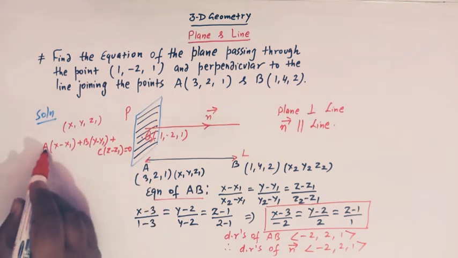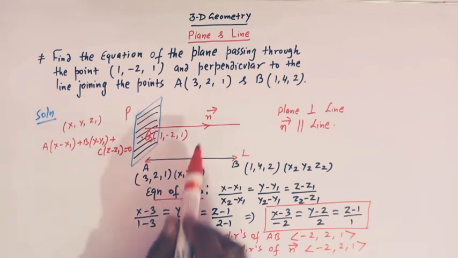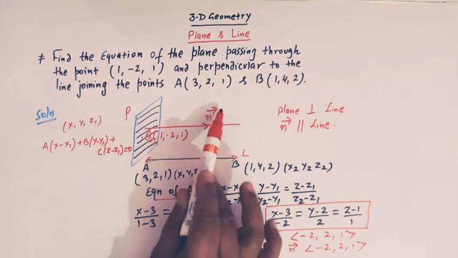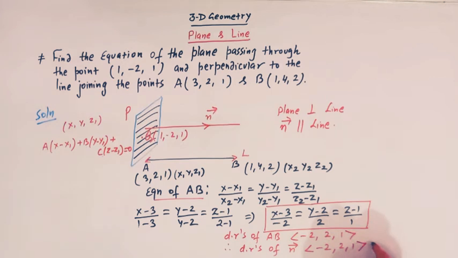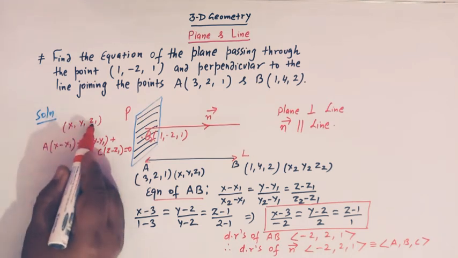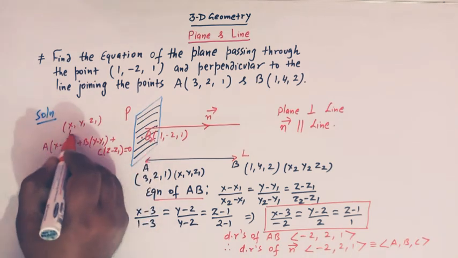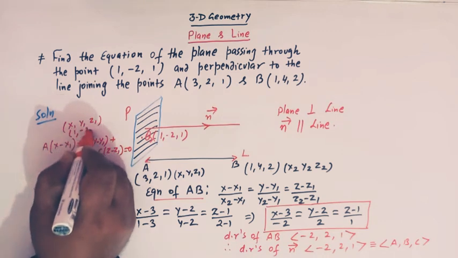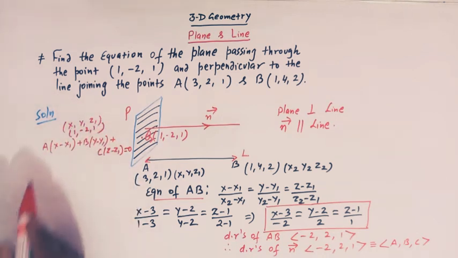And a, b, c are the direction ratios of this normal vector, which are given by -2, 2, 1. So we can take a, b, c as -2, 2 and 1, and (x1, y1, z1) is this point, that is (1, -2, 1).